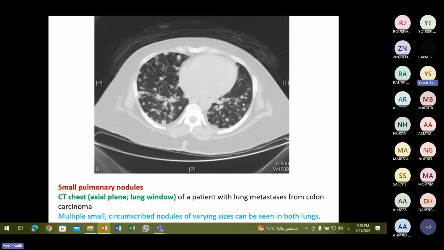There are multiple nodules in right or left side? Both lungs. Right. So there are multiple nodules of different sizes scattered on both sides. But what is your diagnosis? What might be the cause of these multiple nodules?